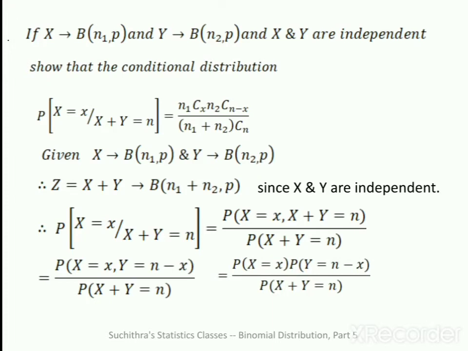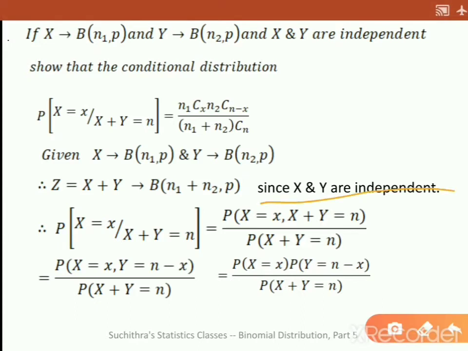That is equal to P of X equal to x into P of Y equal to n minus x divided by P of X plus Y equal to n, since X and Y are independent.